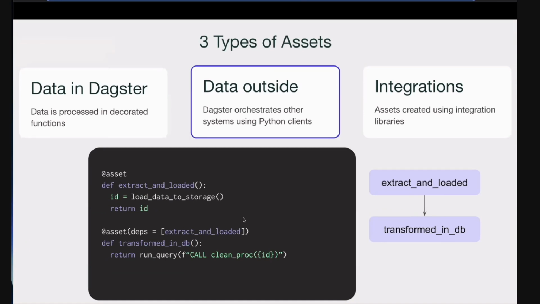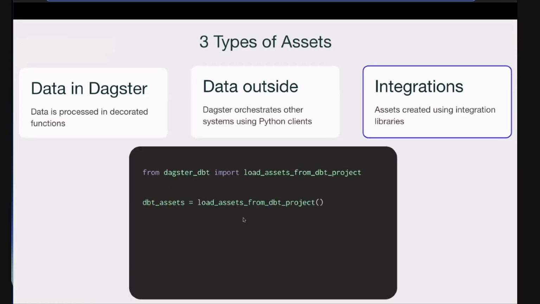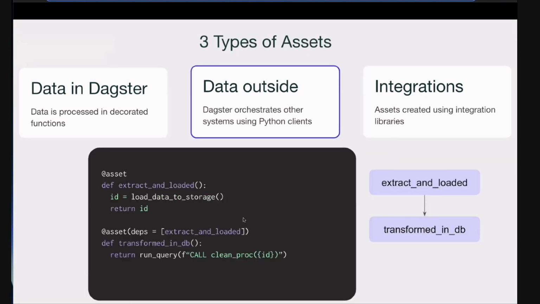Now, we also have a number of integrations. As I mentioned earlier, dbt is one of the most popular, but we also have integrations with some common ETL tools out there, like Fivetran, for example. I understand that it probably doesn't make sense to convert all of those jobs, or in dbt's example, all of those models, to an asset as a Python function.